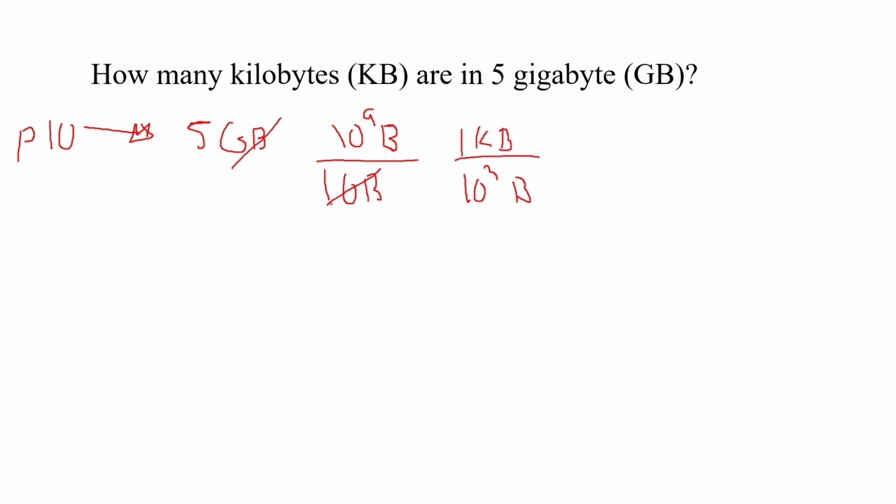Gigabytes cancel. Bytes cancel. We're left with kilobytes: 5 times 10 to the 6th, or 5 million.